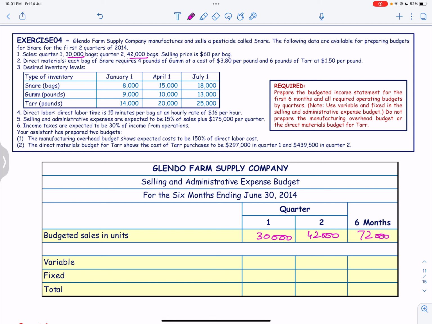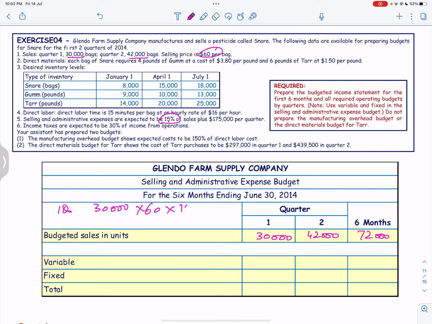Now for the first quarter the bags are 30,000 and they are selling at the rate of 60, and they are 15%.